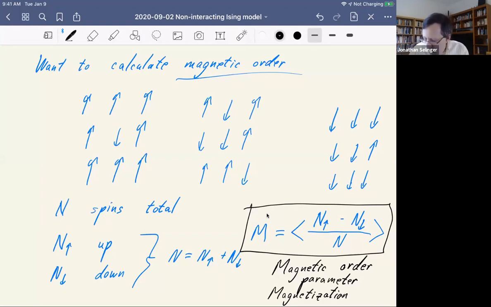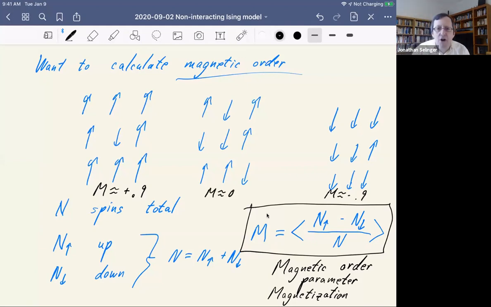Okay, so for this magnetic order parameter, for the picture on the left, the magnetic order parameter is approximately positive 0.9. And over here, it's about negative 0.9. And over here, it's approximately 0.